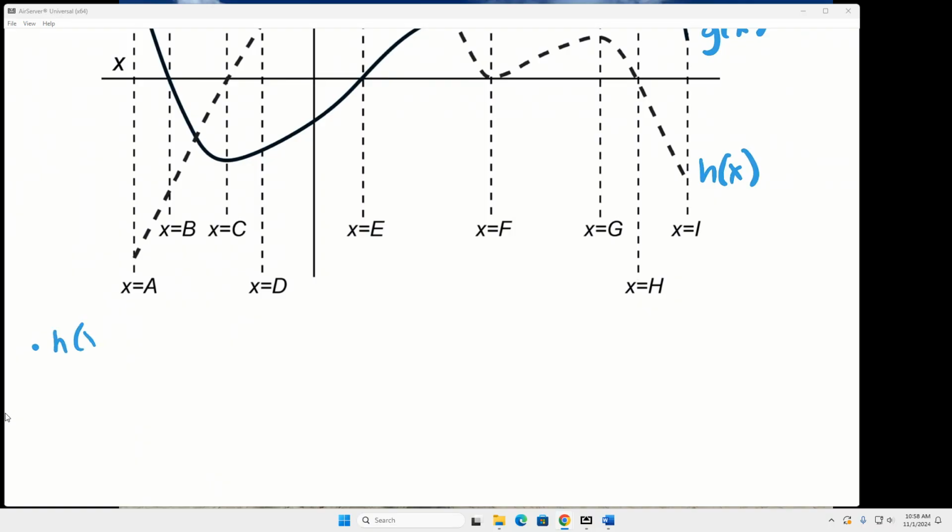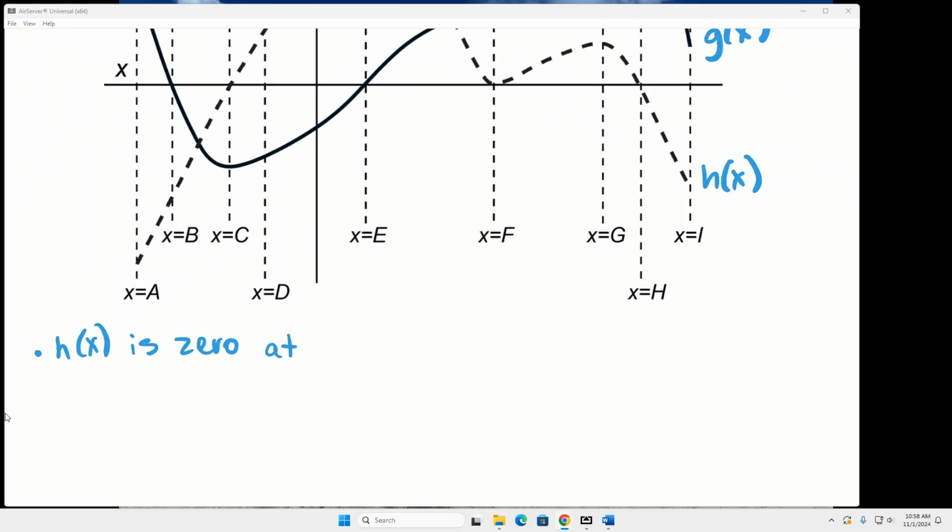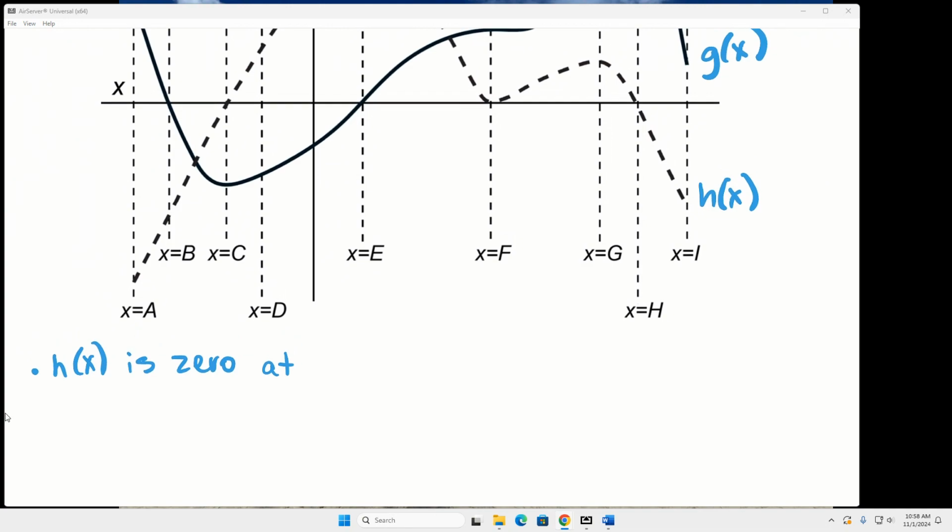So we're going to say, which kind of what she said, h of x is 0. That's where it crosses the x-axis at 3 different points. So we're looking at the dash being 0 at x equals c, x equals e, and x equals h. So then g of x has relative extrema there.